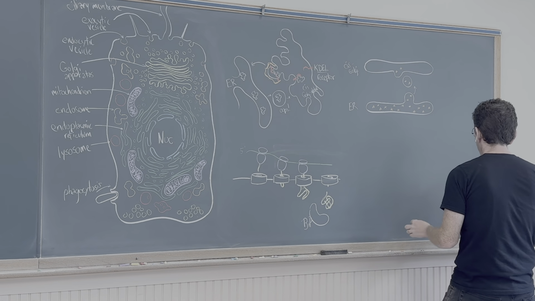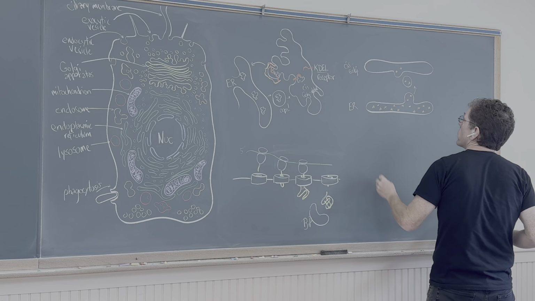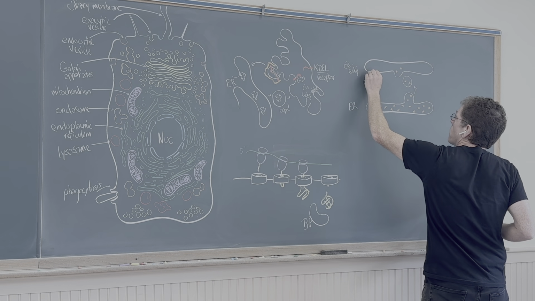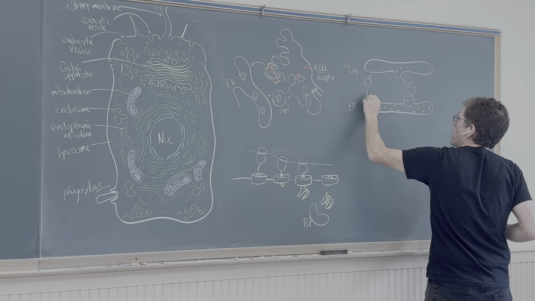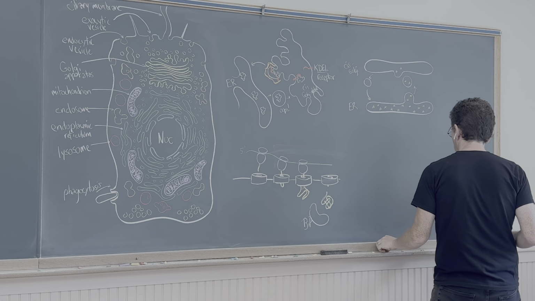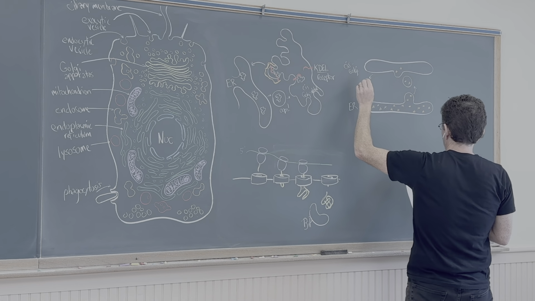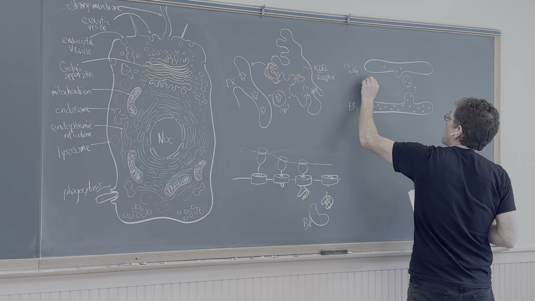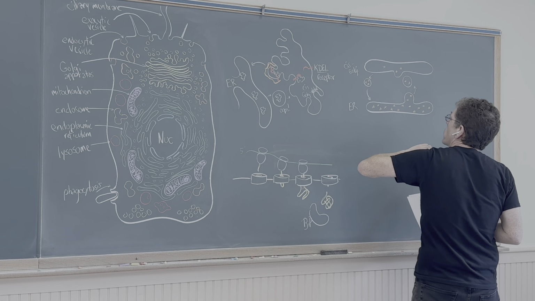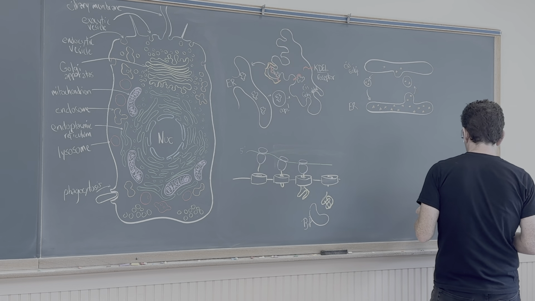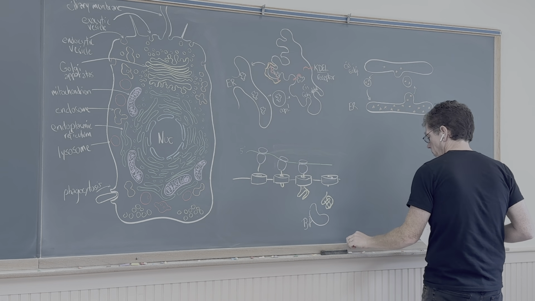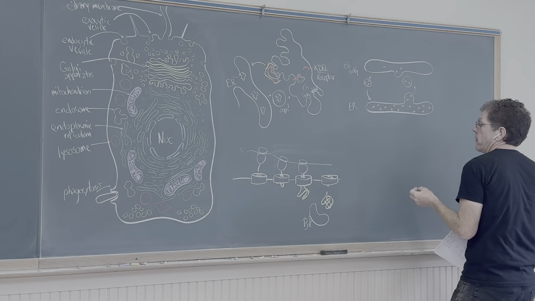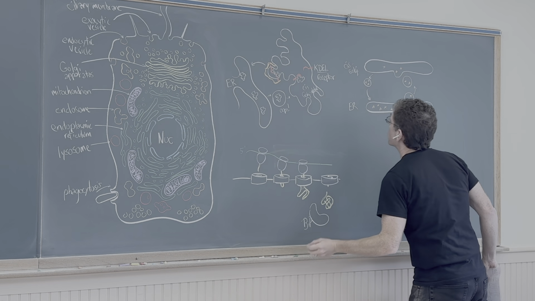So that's the role for the KDEL receptor and other retrieval pathways, is to gather these things up and ship them back. But look at what we're asking the KDEL receptor to do here.